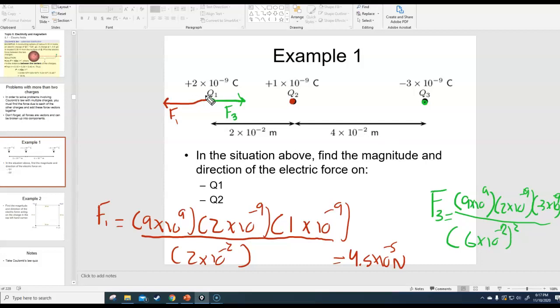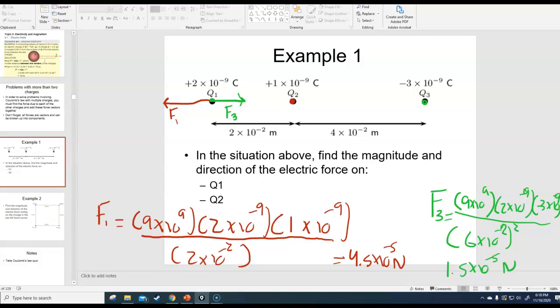So again, I'm going to plug this into my calculator: 9 times 10 to the 9 times 2 times 10 to the negative 9 times 3 times 10 to the negative 9. I'm not even going to put the negative sign because it's not going to change my magnitude. Divide by the distance between them squared. And I get 1.5 times 10 to the negative 5 newtons.